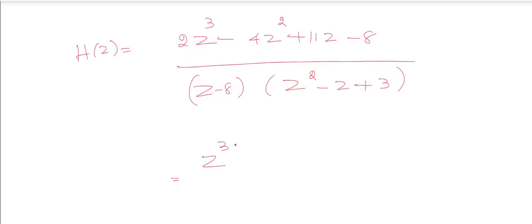So you can take 2 minus 4z inverse plus 11z minus 2.